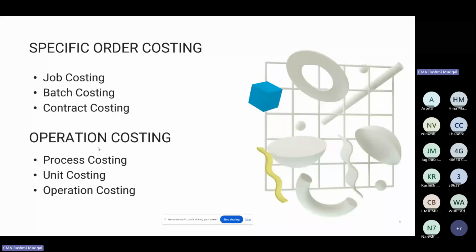For example, I go to a furniture shop and ask them to make furniture in red or blue to match my walls. Or maybe I want a three-seater sofa while the factory has a seven-seater sofa, but I want a three-seater because of my small drawing room. So they will tell me the price after calculating the job cost.